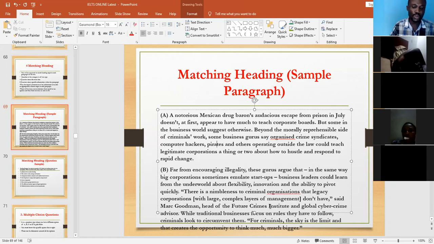So immediately you are reading a particular paragraph, one thing you need to be looking out for is what the main idea is. Immediately you understand the main idea, other things will be easy. Other things that were said is somebody escaped from jail, and also the fact that some type of criminal activities or criminals could teach corporate boards certain things. So the main idea and then the key things that happen.